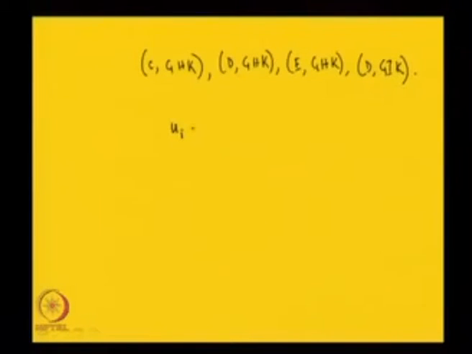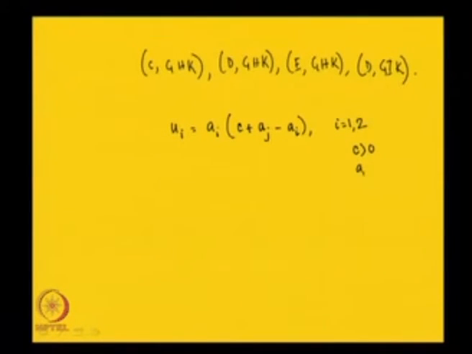And let us write down the payoff functions, a_i multiplied by (c plus a_j minus a_i). c is positive, a_i, a_j are also positive.